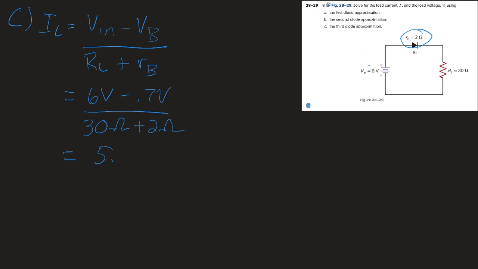So once again, we've got 5.3 volts divided by 32 ohms, and that's going to give us 0.1656 amps, or 165.6 milliamps.